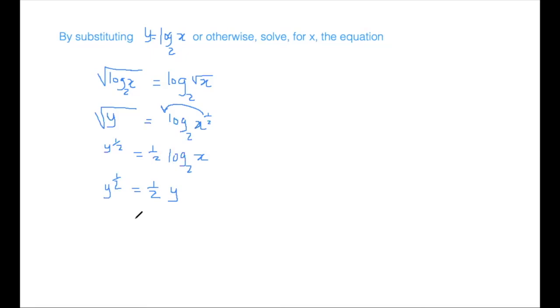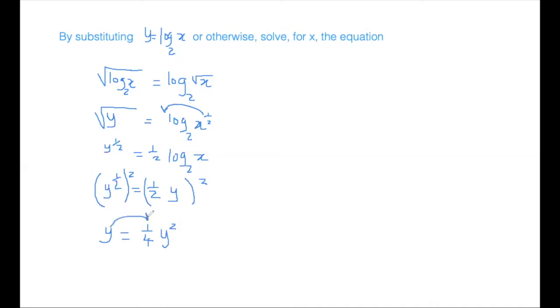Now, since I have a half as a power, I'm going to square both sides to get rid of the half. That's the only reason why I'm doing so. And squaring both sides, I will no longer have a fractional power. So a half times 2 gives you 1, so it's the same thing as y. When you square a half, it becomes a quarter. Then we have y squared.